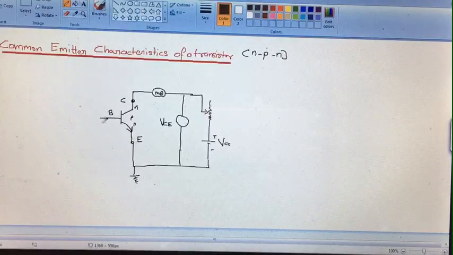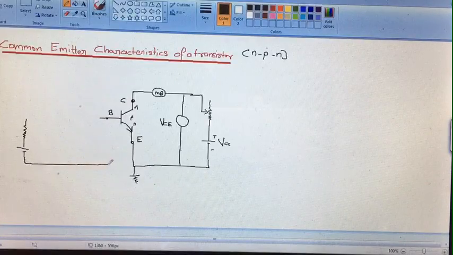and we are going to connect the base with the emitter using a suitable energy source. This is a variable resistance. This is P side, this is N side, and the base emitter junction should be forward biased, so that's why it will be connected with positive and this will be connected with the negative.